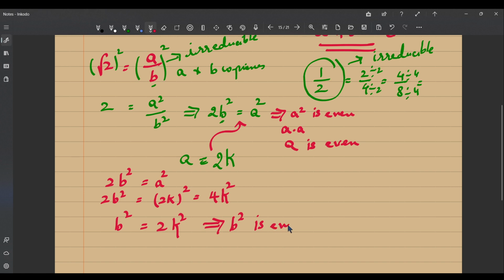By the same logical argument which we did here, that k is an integer and 2 multiplied by k, so b squared is even, which again says that b is even.